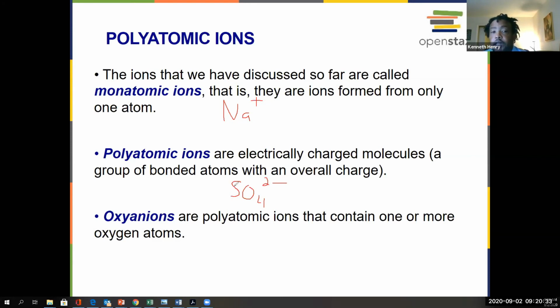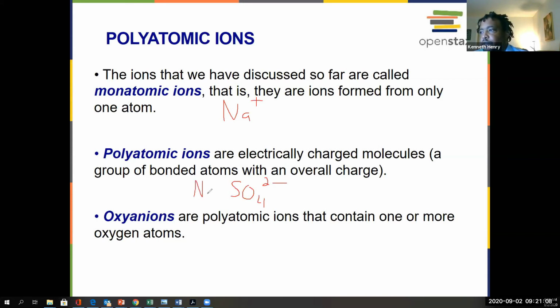This is a covalently bonded molecule that has sulfur and 4 oxygens, and it has a -2 charge associated with it, so it has 2 extra electrons. Since it has 2 extra electrons, it's going to interact with something and form an ionic compound with, let's say, sodium.